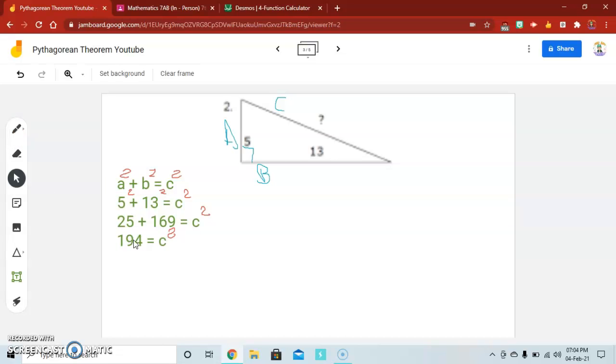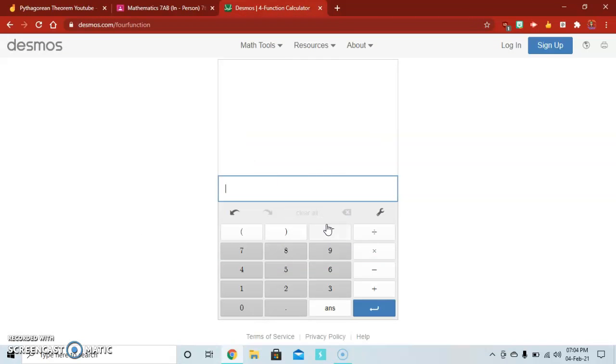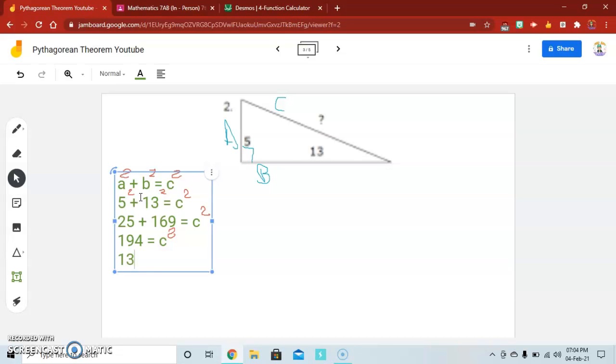And then we're going to type it in the calculator. So this little check mark and 194. And our answer is going to be 13.92 equals C. So that is how you solve for A squared plus B squared equals C squared.